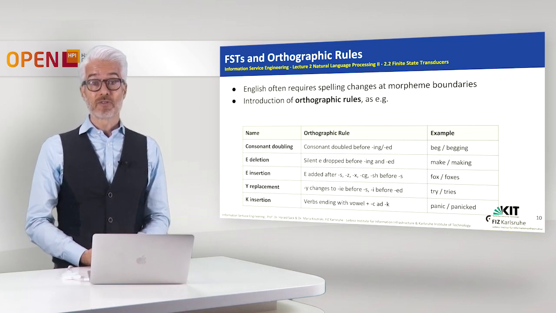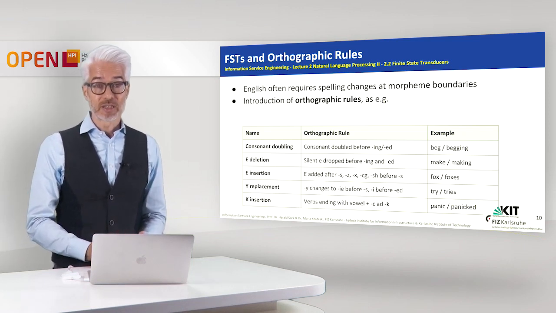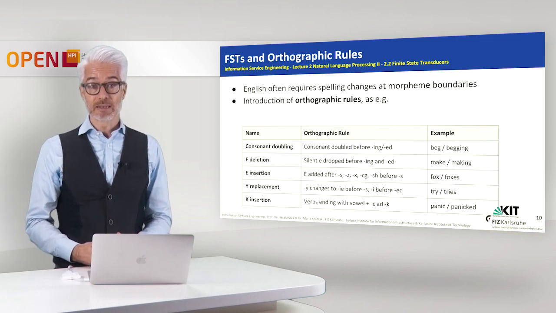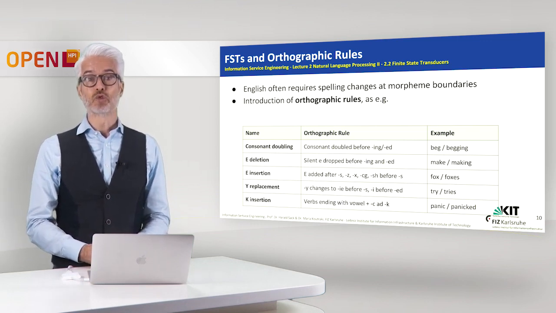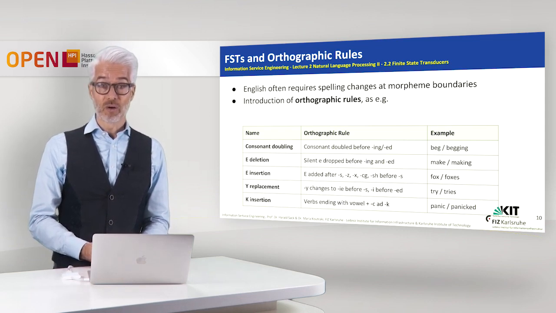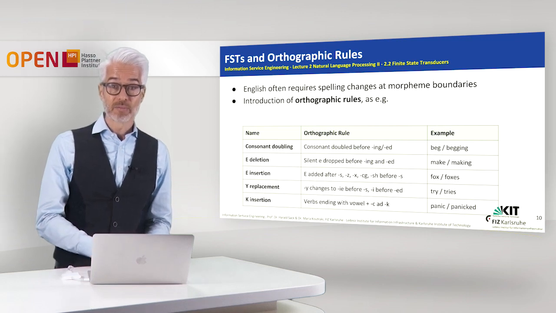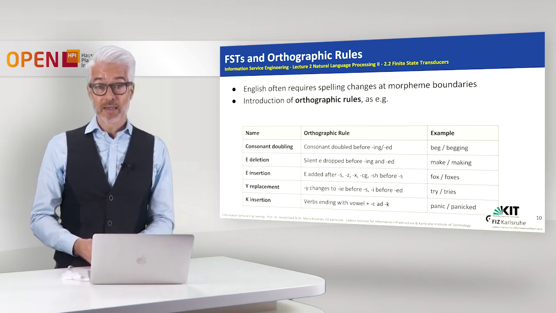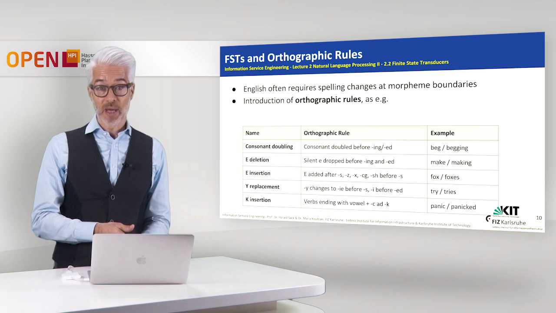On the other hand, often an E which is at the end of a verb will be deleted. So the silent E will be dropped before you have the continuous form with ing, or the past tense with ed. So make becomes making, and the silent E at the end of make is dropped.